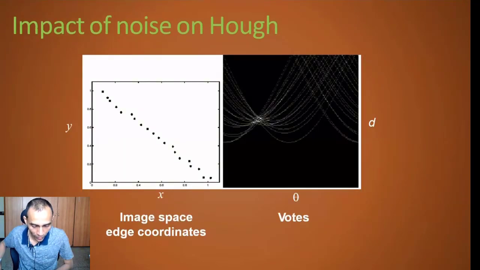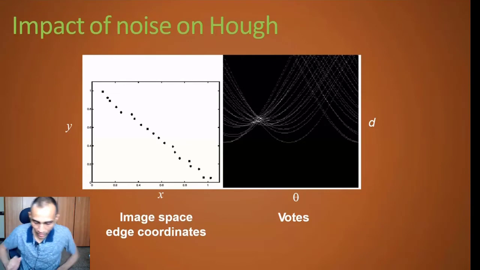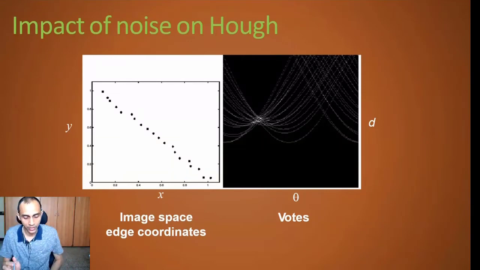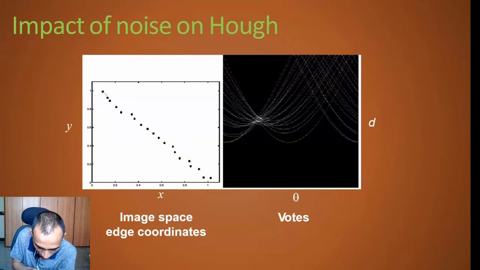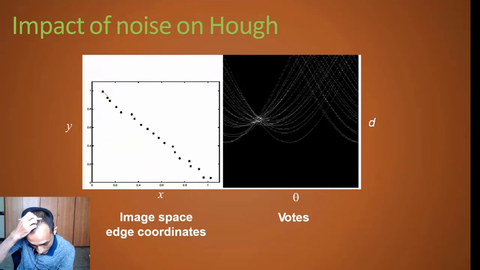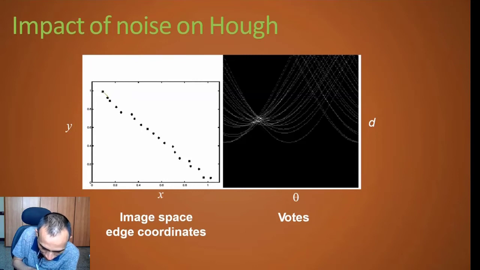Now, how does noise affect our Hough voting? Let us say our edge points are not on a straight line. A little bit of Gaussian noise is introduced, and the points are shifted a bit here and there, so all of them are not falling on a straight line.